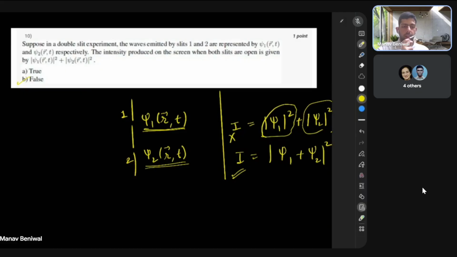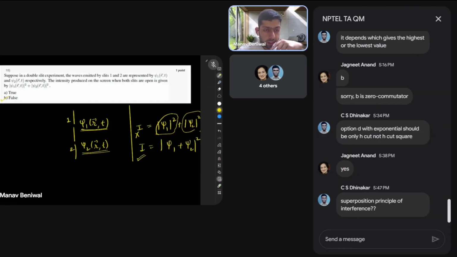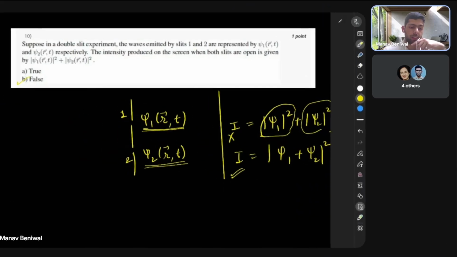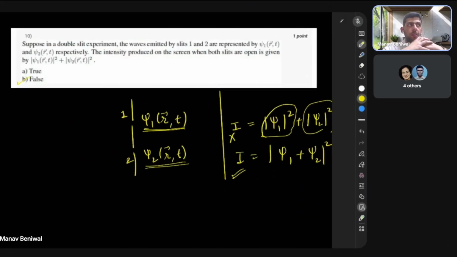But because we know that electrons have a quantum nature to them, we cannot just treat them as classical particles. In fact, what we see experimentally is that electrons behave in the same way as light. So electrons will also give us an interference pattern just like light. As C.S. Thinakar mentioned in the chat, there is this superposition principle of interference. We study it when we study optics and light.